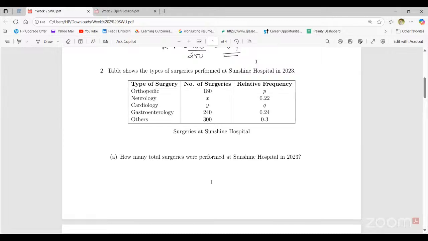Now, the table shows the types of surgeries performed at Sunshine Hospital in 2023. Here also we have the categories, the frequencies, and the relative frequencies. How many total surgeries were performed at Sunshine Hospital in 2023?